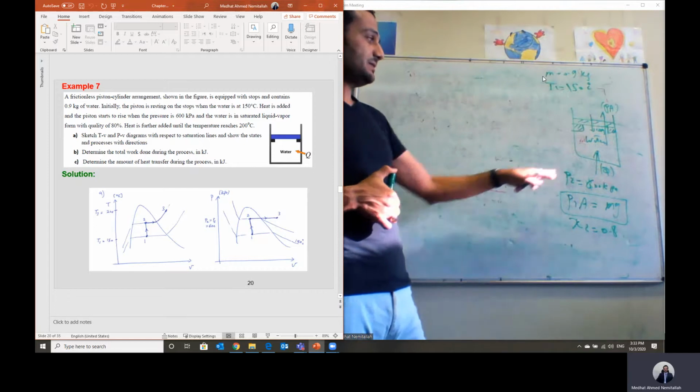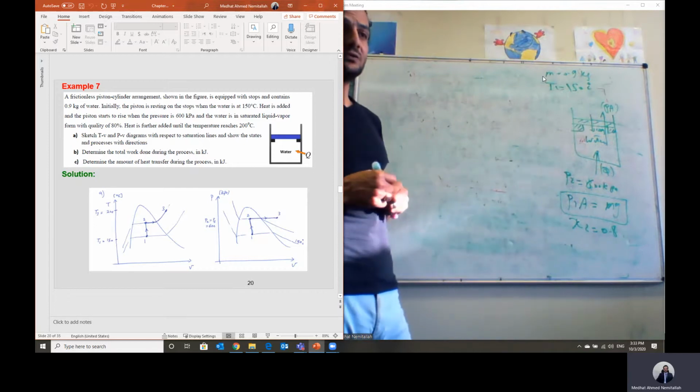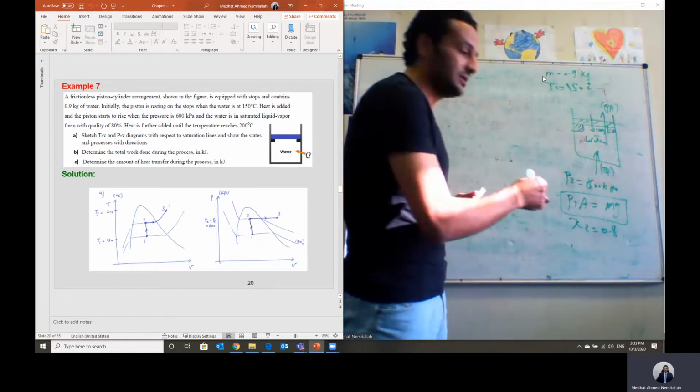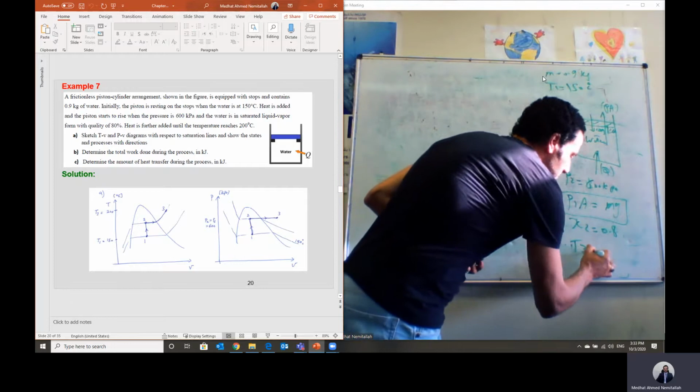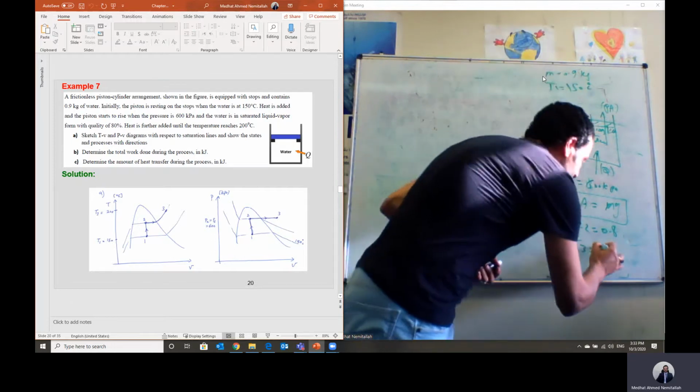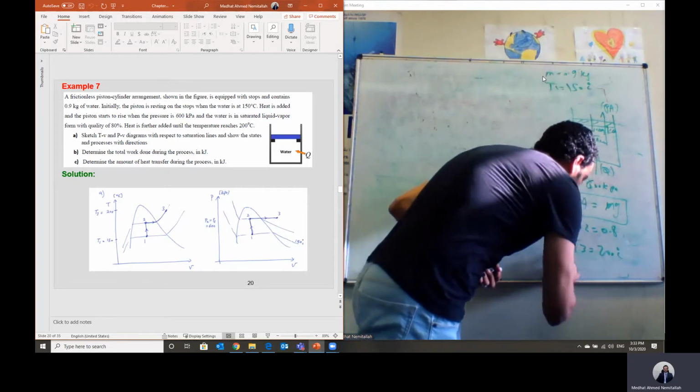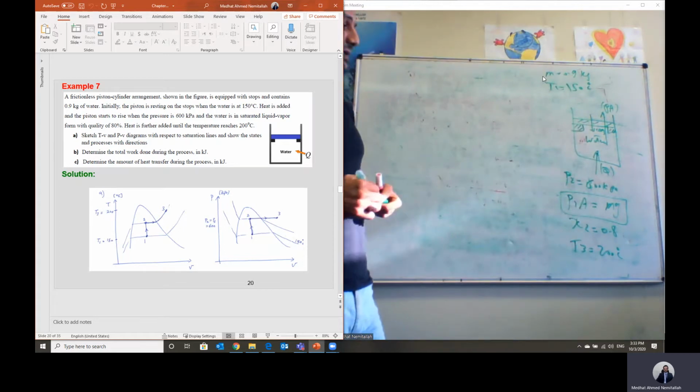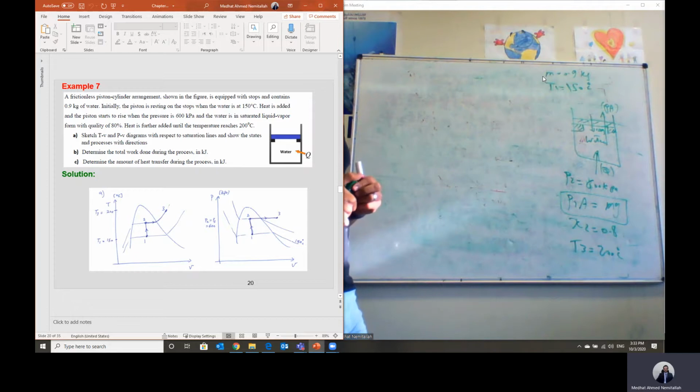And he said we continue adding heat until we reach a final temperature T3 equal to 200 degrees. First of all, we need to represent this process on the T-v and P-v diagram. We need to calculate the work, and we need to calculate the heat transfer of this process.